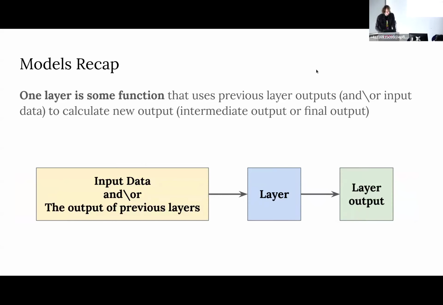Like this: we have input data, we have our layer, and our layer returns some output. And it has as input either this or this.